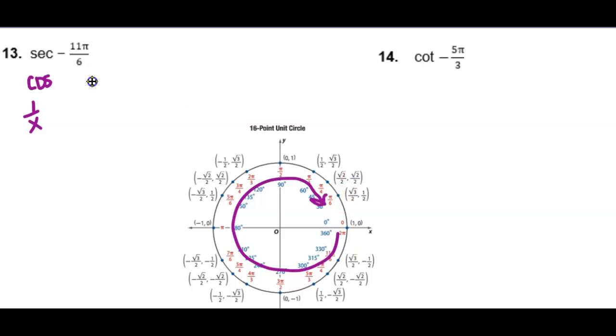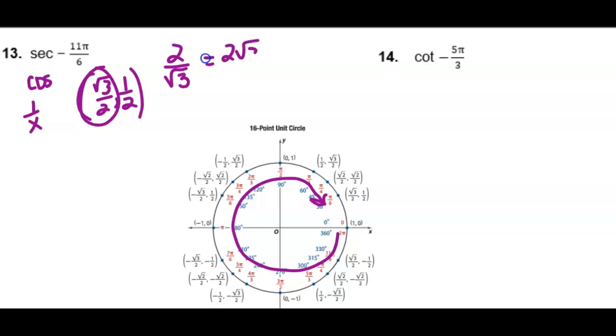Same difference. Anything that helps you figure out where that is. So this is our ordered pair. The cosine is here, but we're supposed to flip it over. So we get 2 over square root of 3, which becomes 2 square roots of 3 over 3 when you do the whole square root of 3 over square root of 3 thing. Not an easy one necessarily.